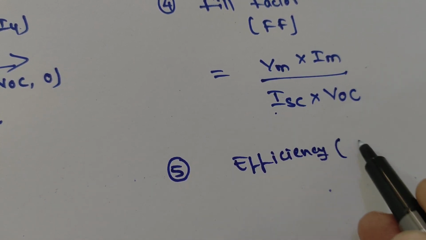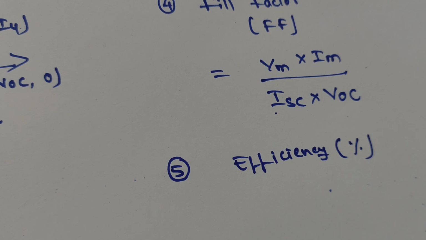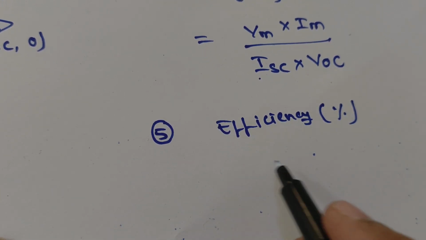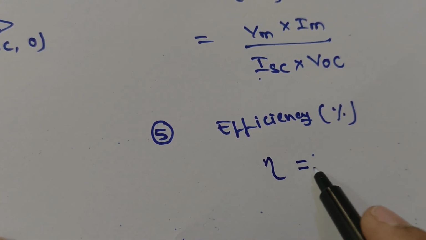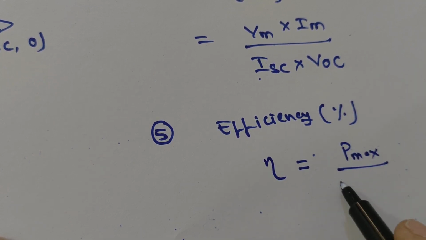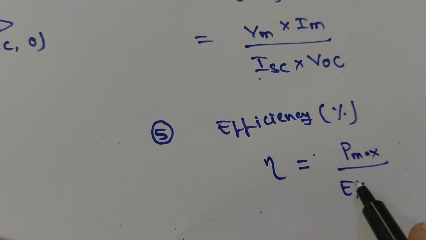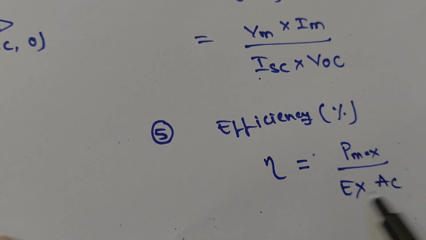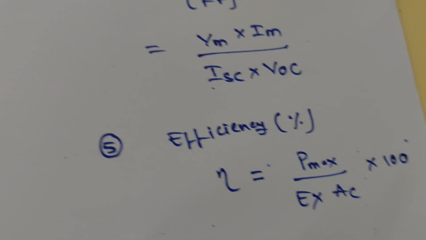It is generally represented as a percentage: how much of the incident light the cell can convert into useful charge carriers. It is represented with the letter eta. Here it is P max divided by E, the illuminated sunlight energy, that is the flux of the sunlight into the area. For a percentage, we multiply by 100.